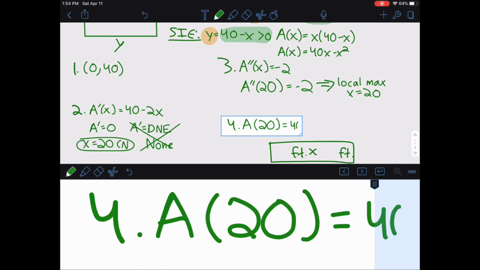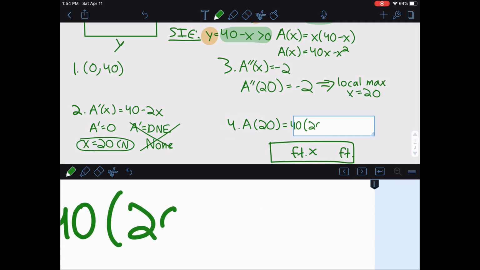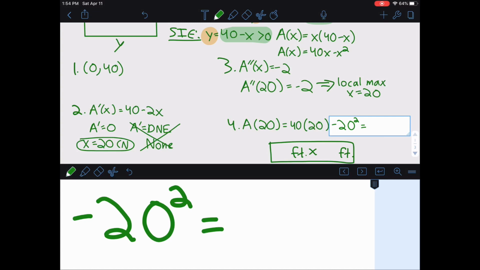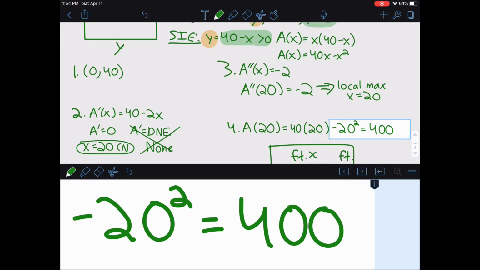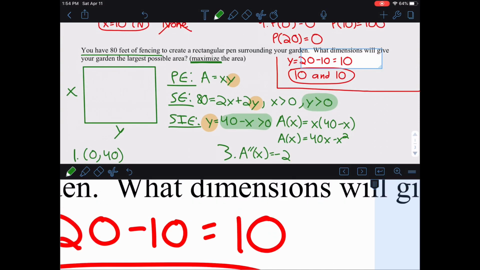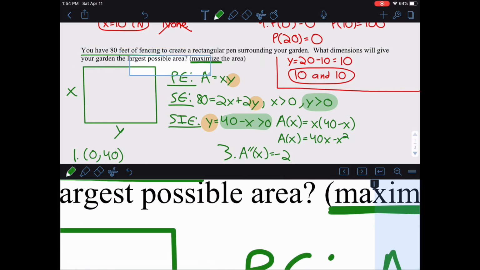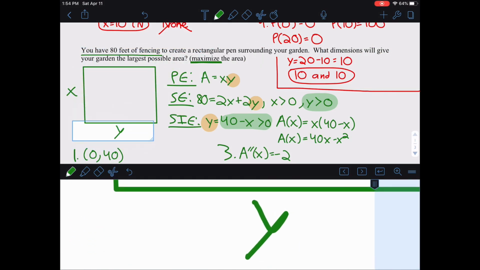So 40 times 20 minus 20 squared is 800 minus 400, which is 400 feet squared. That is the actual largest possible area, but that's not what the question is asking for. The question wants to know what dimensions will give your garden the largest possible area. That means x and y.